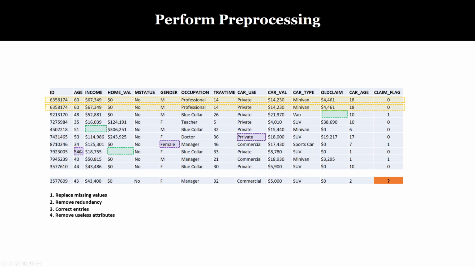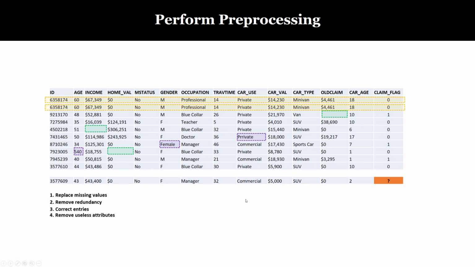Let's see what else. There are some useless attributes, and as I mentioned, if the data is small like this, then removing attributes might not be a good idea because it might not reduce much in terms of complexity, unless the column is adding noise rather than information. So the attributes which are useless can be removed to improve the computational complexity as well.